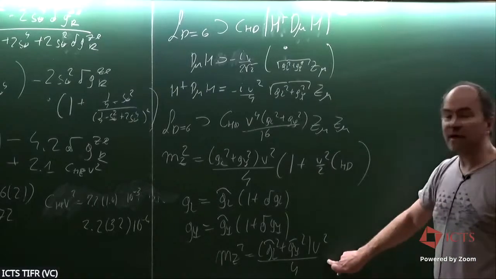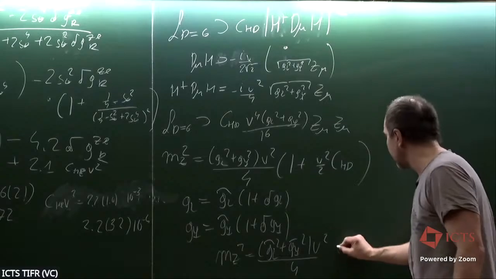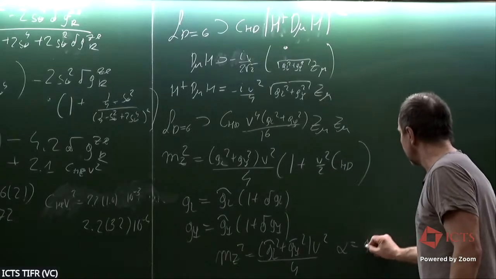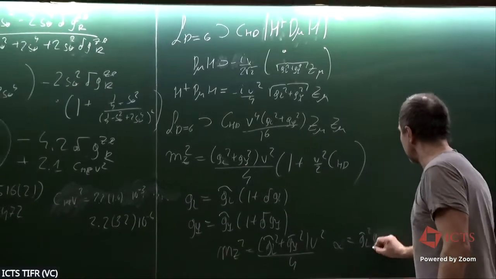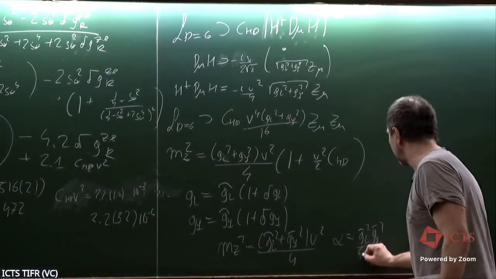And at the same time, you want to define it such that you also don't screw up alpha, so that alpha is still given by GL squared, GY squared, exactly as in the standard model, over 4 pi.